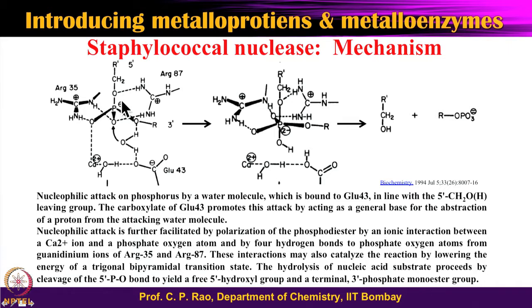One of the examples I have shown very clearly here is how nucleotide hydrolysis takes place to phosphate and sugar, going through a nucleophilic attack of the water via this particular glutamate. Glutamate is a base that will pull out the proton and make OH minus; this OH minus will make a nucleophilic attack at this, and then make the transition state, and at this transition state the protonation will lead to the R prime CH2OH and this.